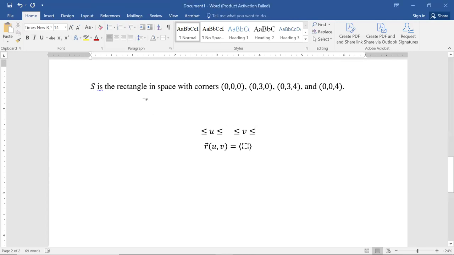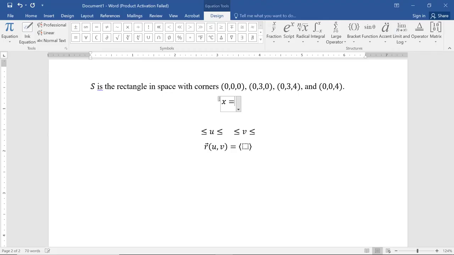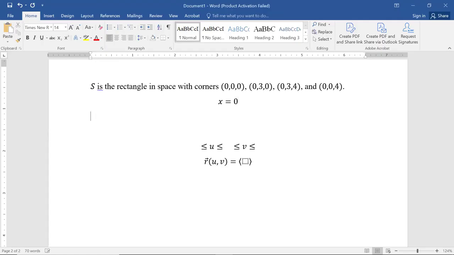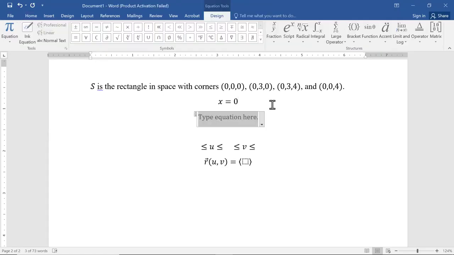So what I'm saying is that the surface is actually a portion of x equals 0. And if you look at y values, they are going from 0 up to 3. So this is x equals 0. And our bounds that are given are bounds on essentially y and z. Y is going from 0 to 3. Z is going from 0 to 4.